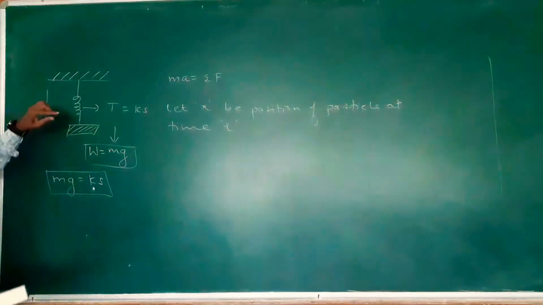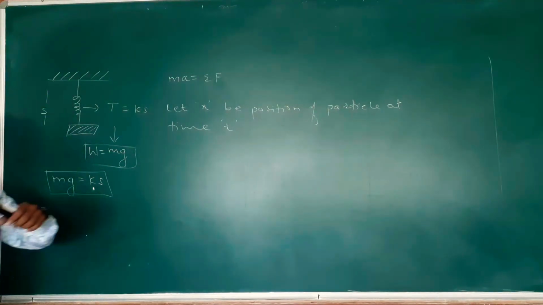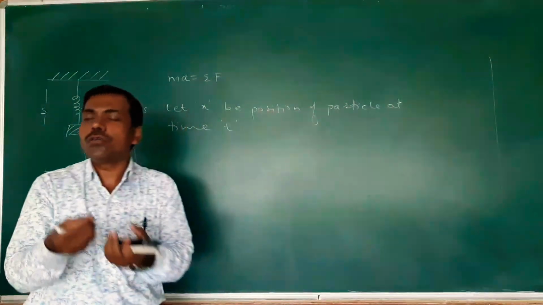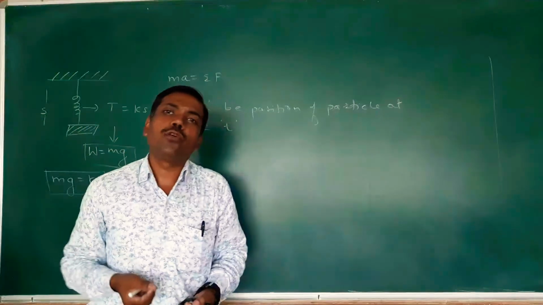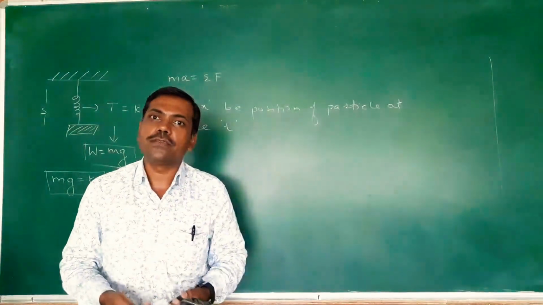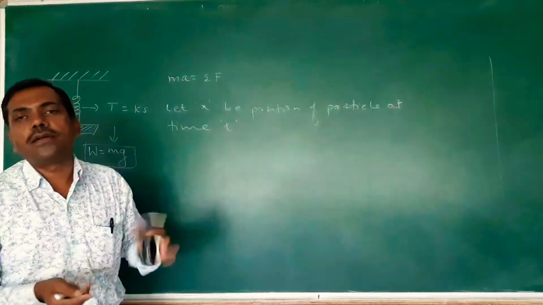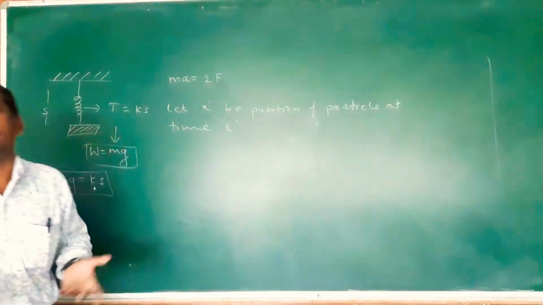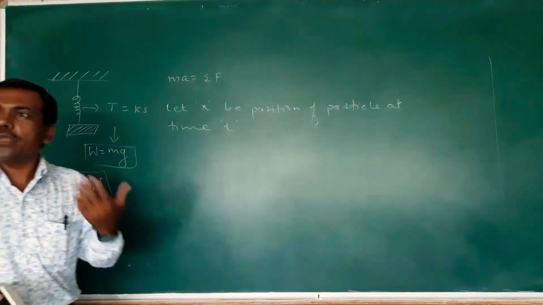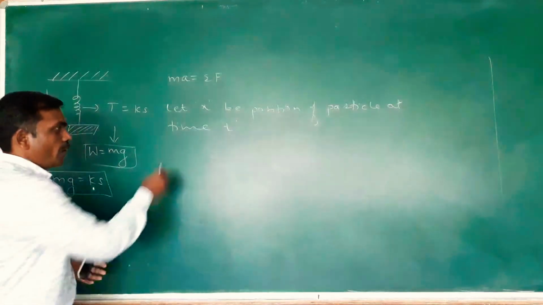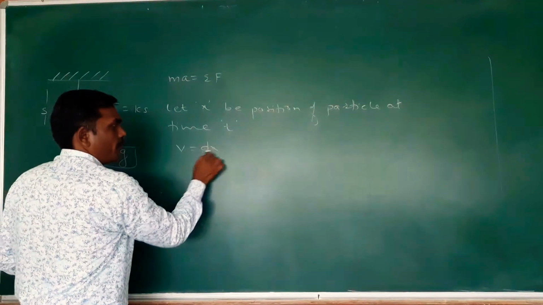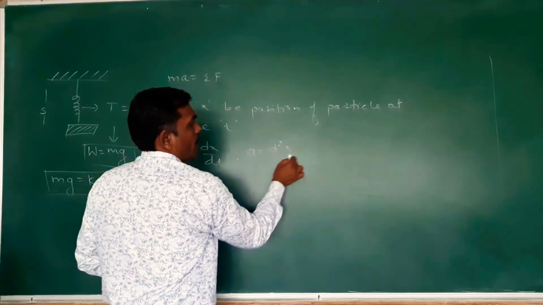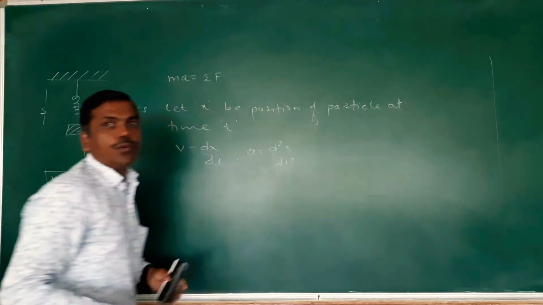At any time means whenever the spring is in motion up and down, at t equal to some value, where exactly is that body? That is nothing but our x. So x is the position of that particle at any time t. Then dx by dt is velocity, so velocity is equal to dx by dt, and acceleration is equal to d2x by dt square.